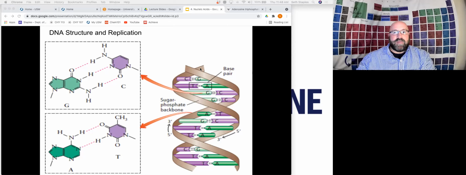And this is what we mean by the antiparallel. We have this strand coming down here, which is going from 5' to 3', and then this strand here going from 5' to 3' from the bottom. And then the base pairs end up in the middle, held together with hydrogen bonding.